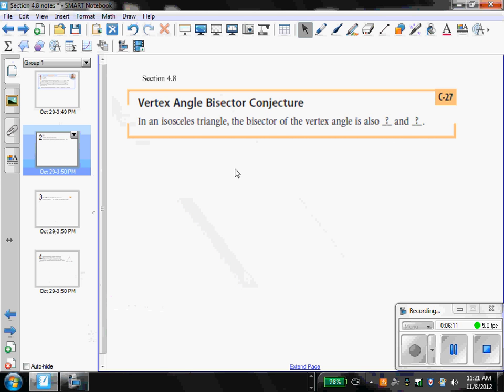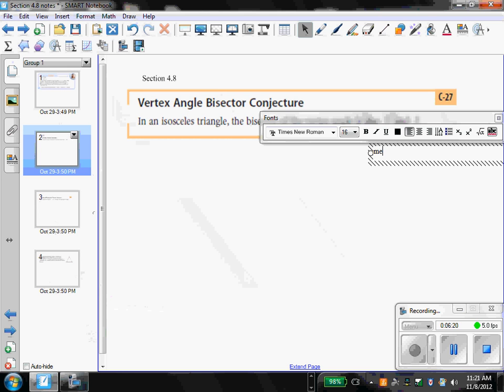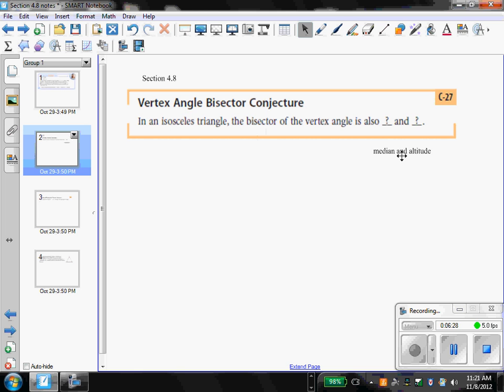27. In an isosceles triangle, the bisector of the vertex angle is also the median and an altitude. Remember what a median and an altitude do.